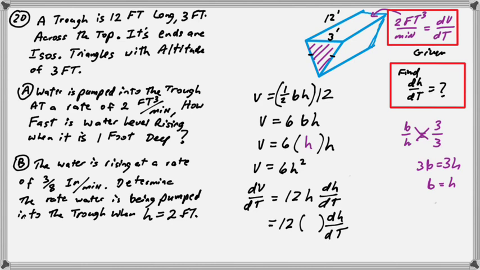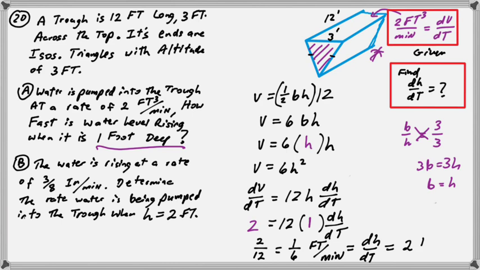So we're looking for dH/dt. What are we given? dV/dt is given up here to be 2 cubic feet per minute. At the instant, it is 1 foot deep. So you get 2/12 or 1/6 of a foot per minute for dH/dt.